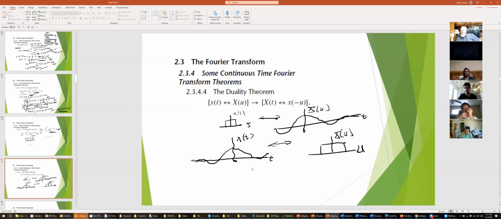If a rectangle transforms into a sine x over x, then you know a sine x over x transforms into a rectangle function. And up here are the little details you need. If x of t transforms to x of u, if the rectangle transforms to the sine x over x, then the sine x over x transforms to the rectangle, except what? There's a transposition, there's a shift. There's a rotation around the y-axis. So except for that, it's pretty straightforward, and this lets you double all your Fourier transforms that you use. The duality theorem.